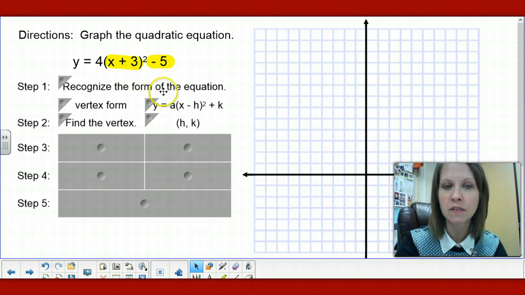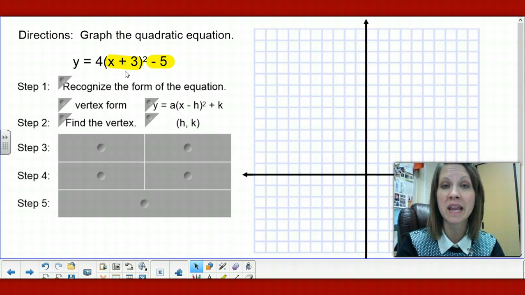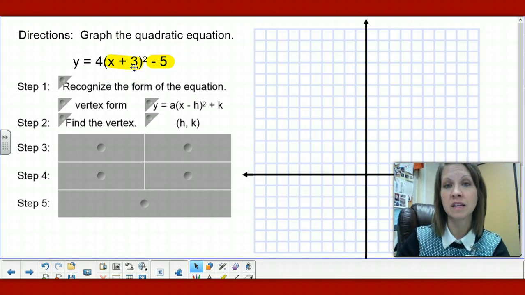Notice that difference? This says minus, this one says plus. So what does that mean about your h? It means that your h is negative. So instead of saying x plus 3, you think about it as x minus negative 3. Negative 3 is your h, negative 5 is your k.